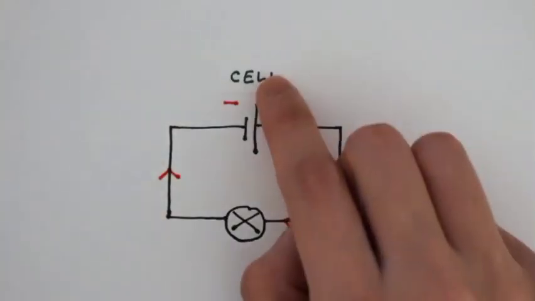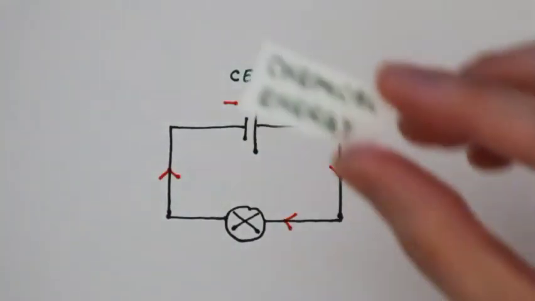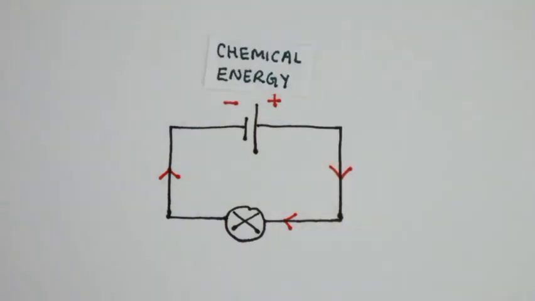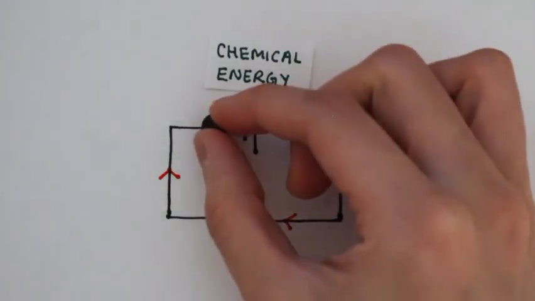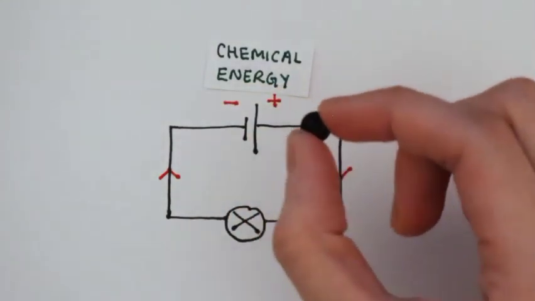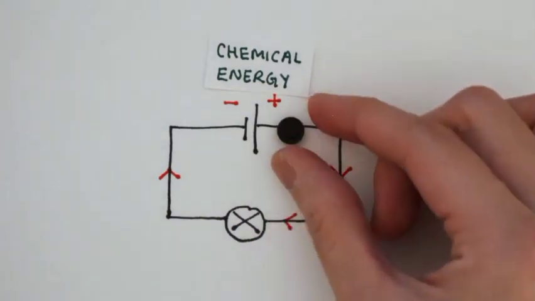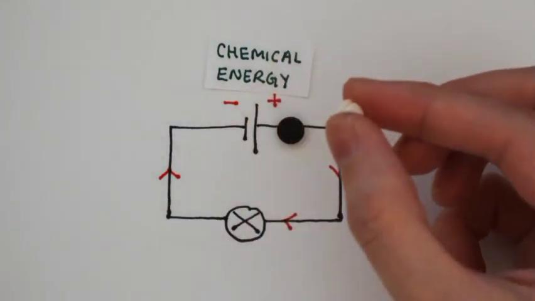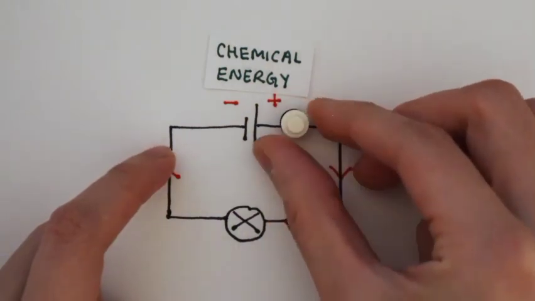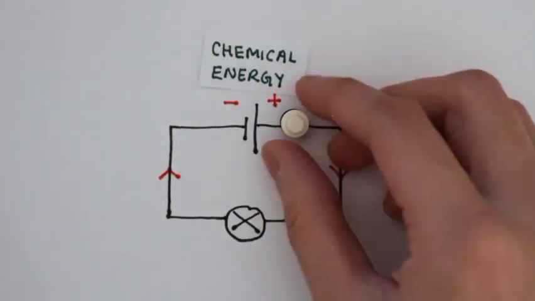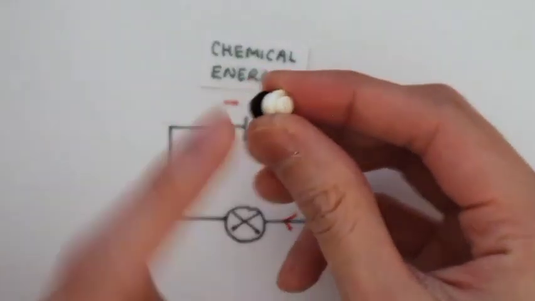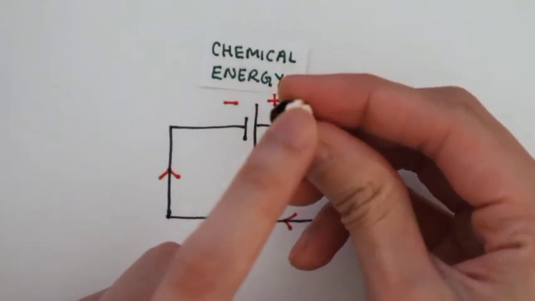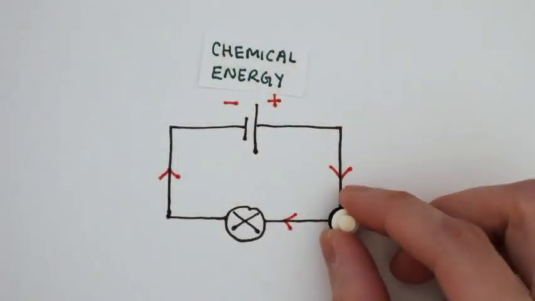A cell or a battery is a store of chemical energy. As an electron travels through the cell, it gives up a tiny bit of this chemical energy. I'm going to represent this energy using this bit of Lego. You can also think of this electron transferring the chemical energy from the cell along the circuit.